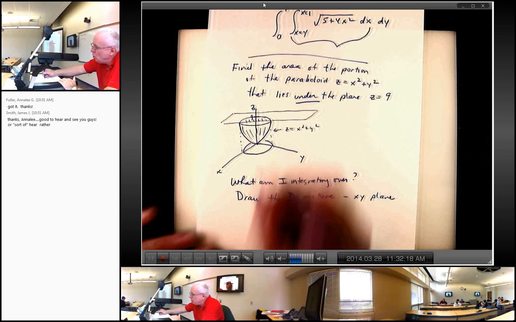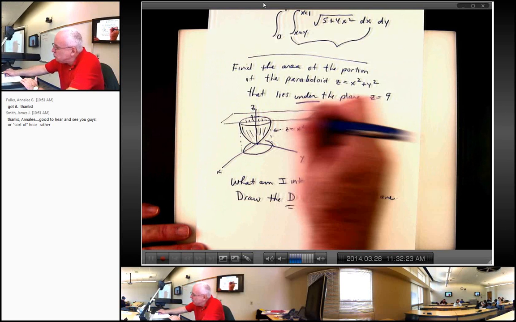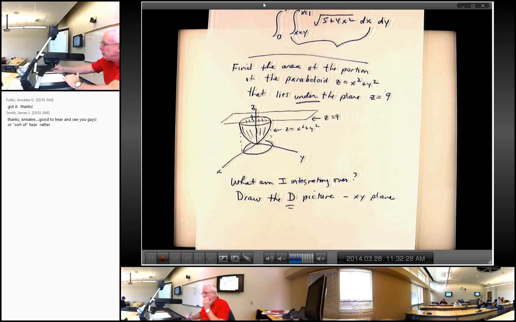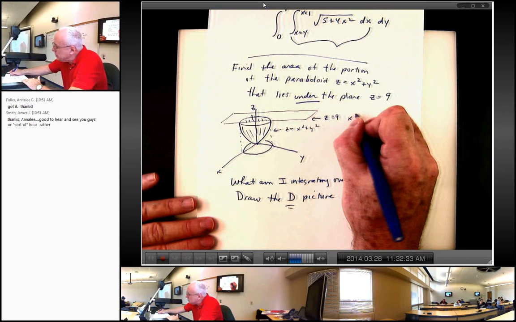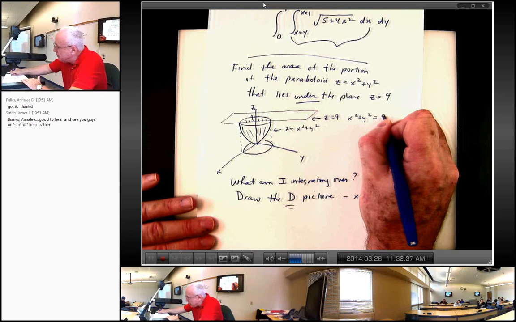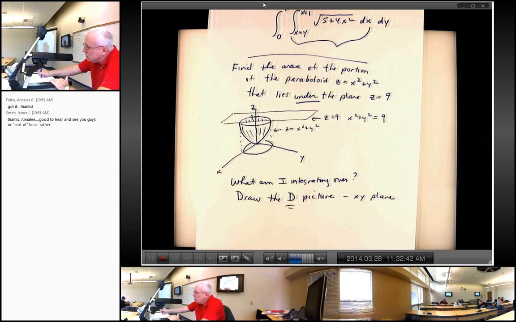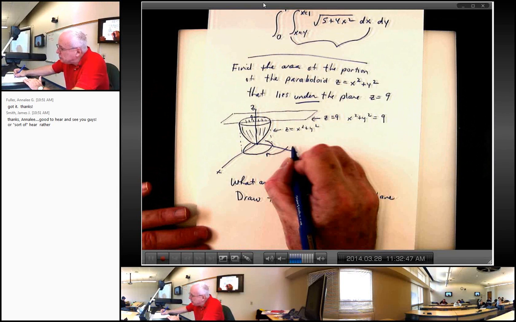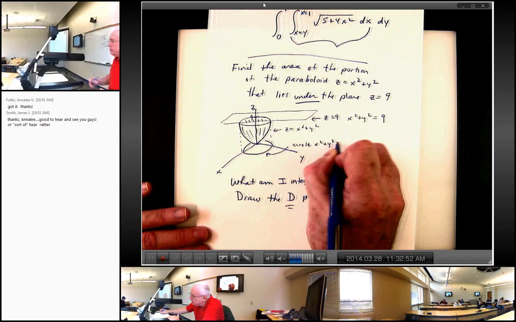Now, right up here is where z is equal to 9. So that means that at the top, x squared plus y squared from my parabola equals 9, right? Because that's what z is. So this projection down here on the xy plane is the circle x squared plus y squared equaling 9.